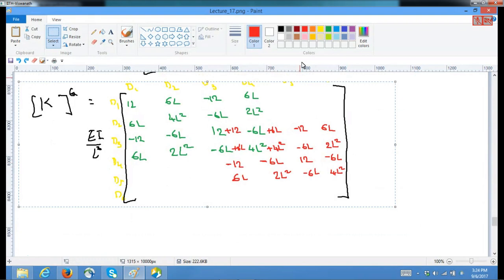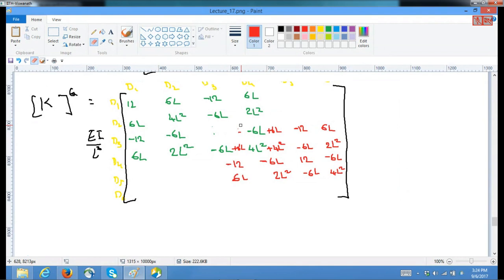So this is 12, this is 6L, this is minus 10, these are all fine. Here this gets simplified, this will become 24, 12 plus 12, 24.